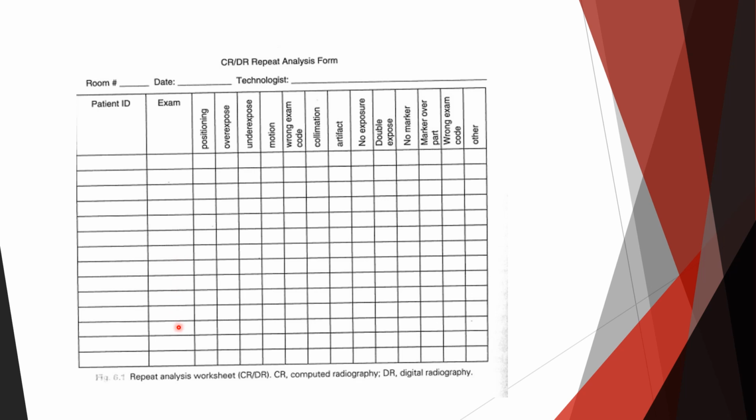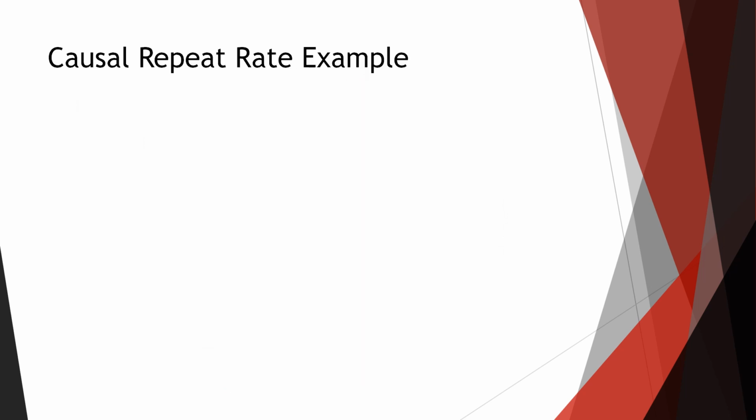So for the exam, there were 3 times the chest X-ray had to be repeated. Why? 2 times it was for positioning. So that's 66% of the time for positioning that the chest was repeated. The other time was for motion. So that would only be about 33% of the time for motion. That would be the causal repeat rate. That caused 33% of the repeats: motion. That's why we needed to repeat it. That's pretty straightforward. This is an example of the causal repeat rate.